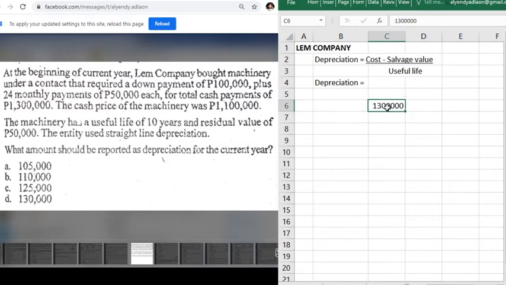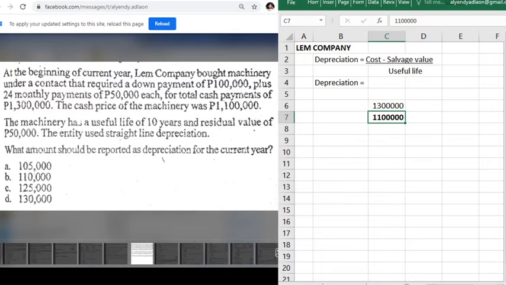But apart from this, we also have here the cash price of the machinery. Now take note, class, as what we have always repeatedly discussed and explained, we should always use the cash price because the asset or the PPE must be recorded at its fair value at the time of acquisition. So what is the fair value at the time of acquisition?